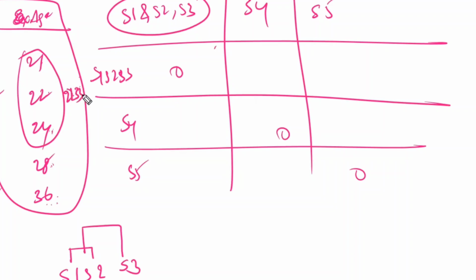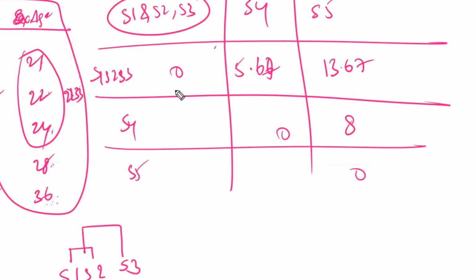Sorry, not 21, 22.33. So, now 22.33 versus 28. You are going to calculate that one. That is 5.67. Right? 5.67. Next one is this one, which is nothing but 13.67. Next, S4 versus this one, which is 8.